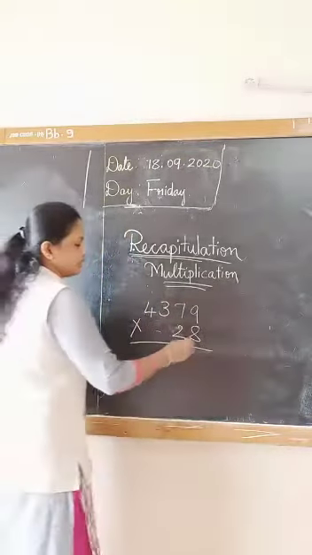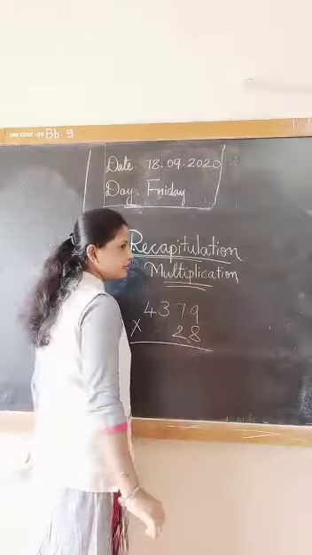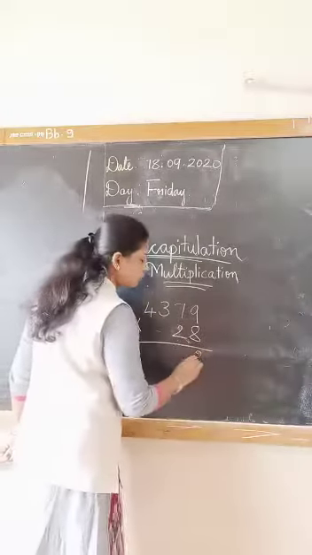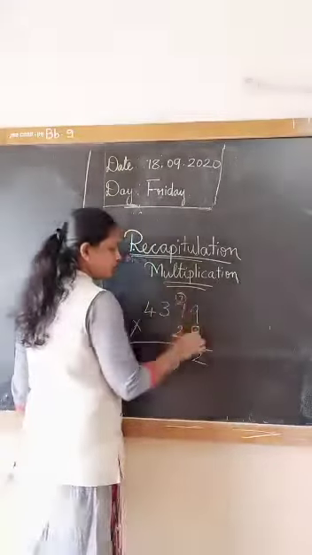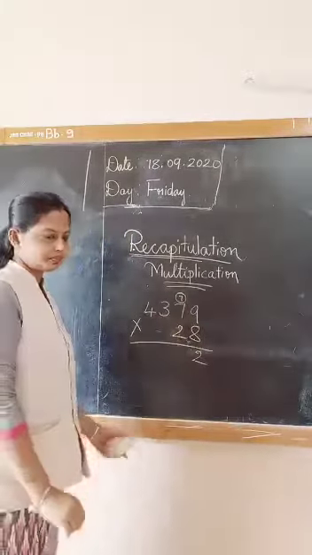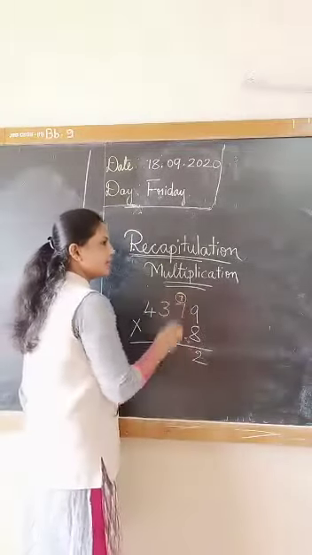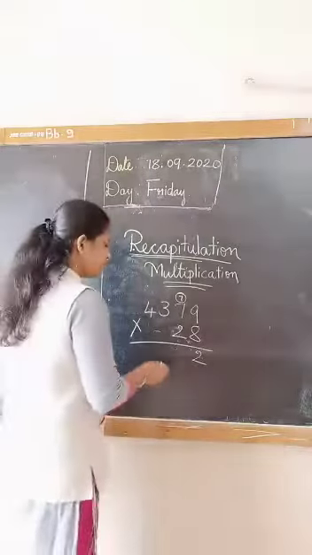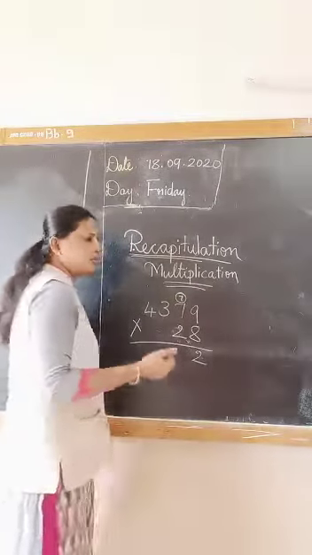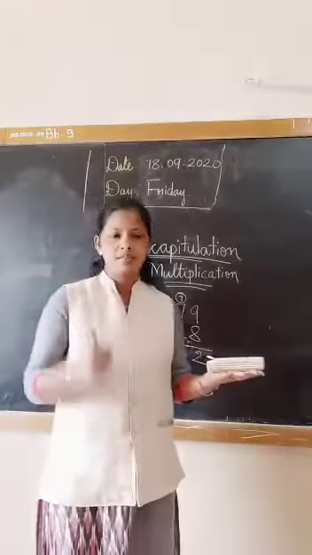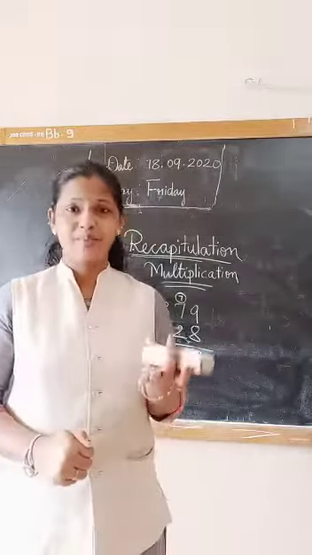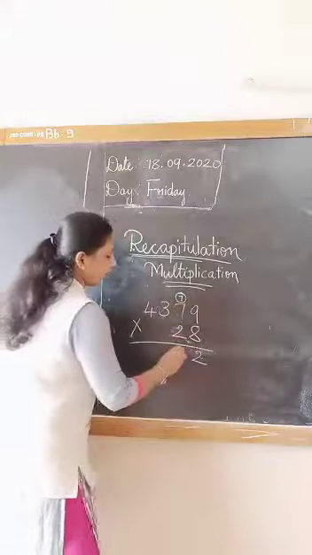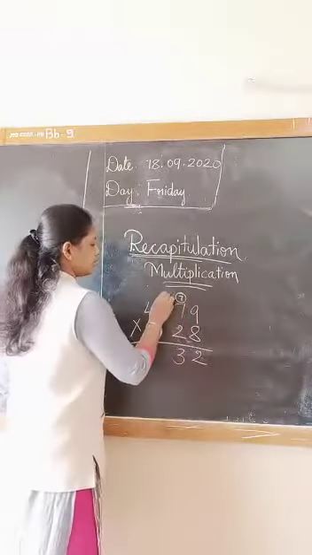Okay, just multiply. 8 nines are? Yes, 72. 7 carry over. 8 sevens are? 56 plus 7. Just add and tell me. Very good. 56 plus 7 is 63. You can add 56, 57, 58, 59, 60, 61, 62, 63. That's fine, but the answer should be correct.